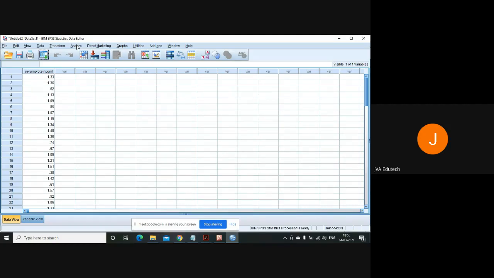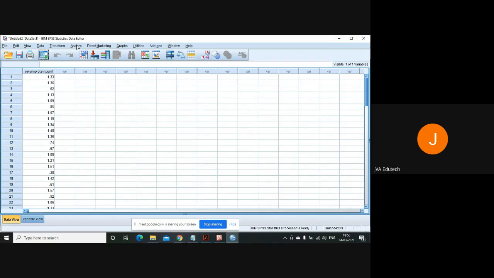The only limitation is that Shapiro-Wilk is unable to render accurate results when your sample size is large. So normally, if you have a sample size of more than 50, go for one sample KS, or one sample Kolmogorov-Smirnov.